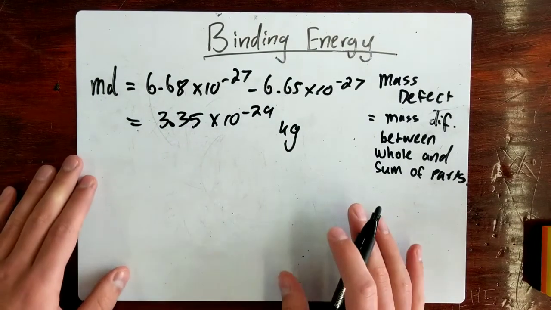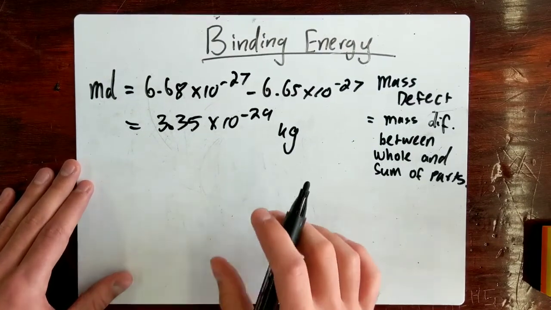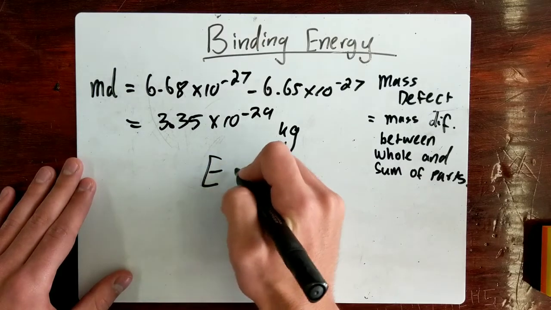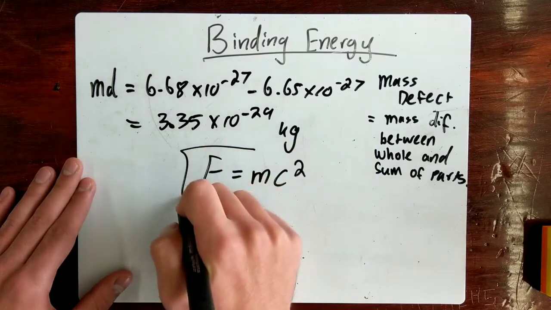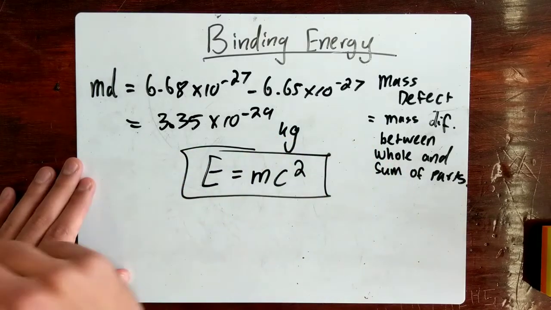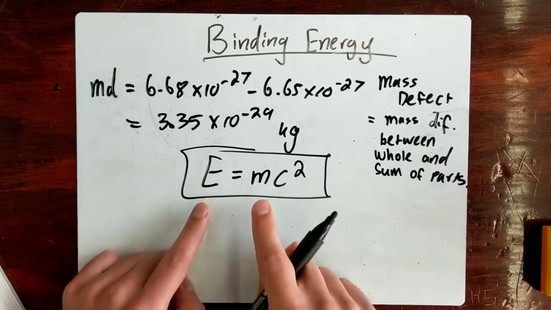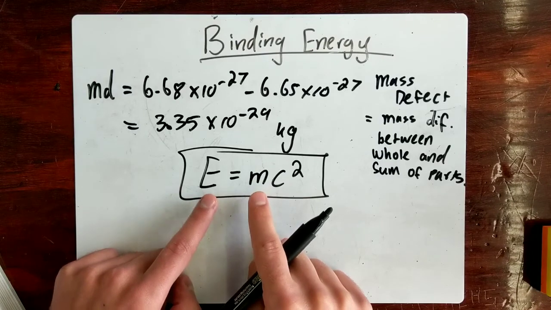And here's an equation that you've all seen before, or at least heard of before, that you're now going to actually start using. And that is the famous equation E equals mc squared. Einstein's famous mass-energy equivalence equation. Basically, the principle underlying this equation is that mass and energy are really the same thing.